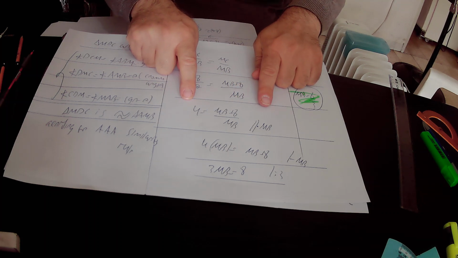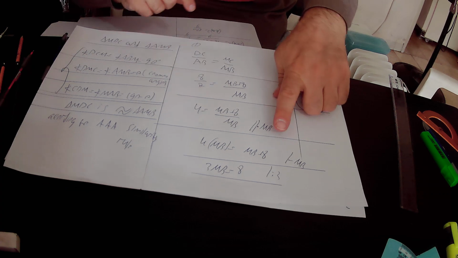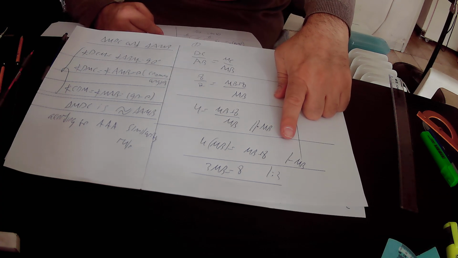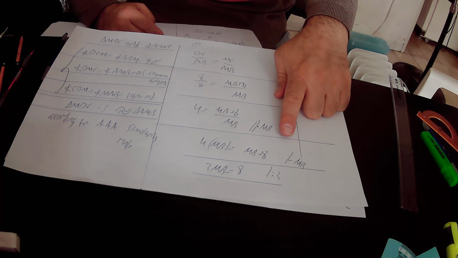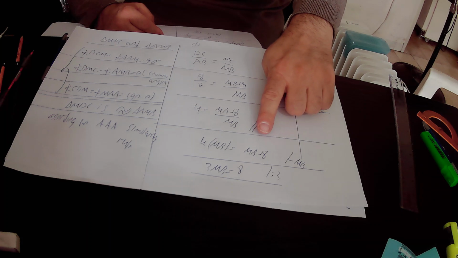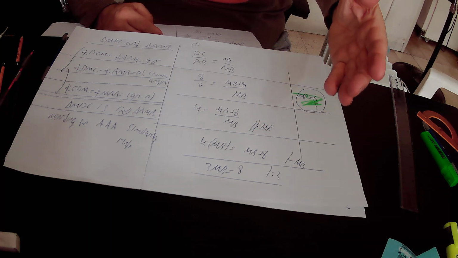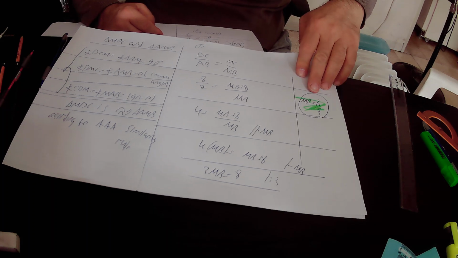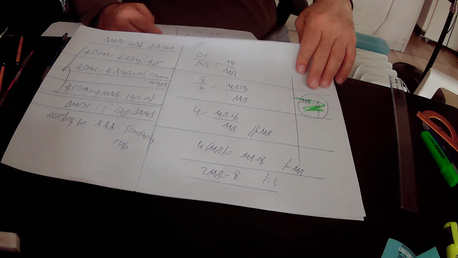Here we multiply the equation by MB, and find that 4 times MB equals MB plus 8. Subtracting MB, 4 MB minus 1 MB equals 3 MB, so 3 MB equals 8. Dividing by 3, we find that MB equals 8 over 3 units in length.